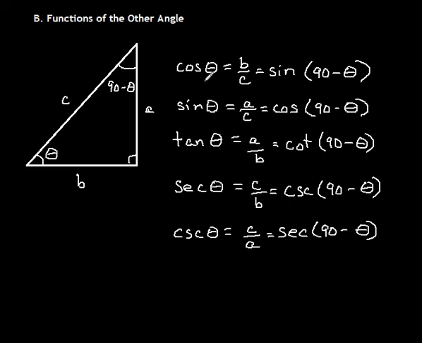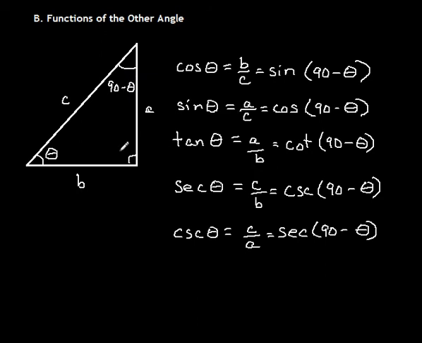So cosine would be b over c. The sine of 90 minus theta would also be b over c. The sine of theta is a over c. The cosine of the other angle would be a over c. So they're equal. So the sine of this angle is equal to the cosine of this angle.